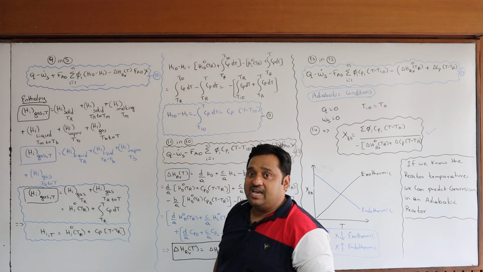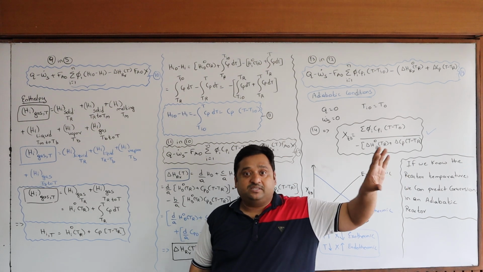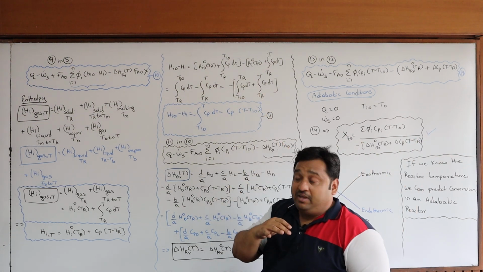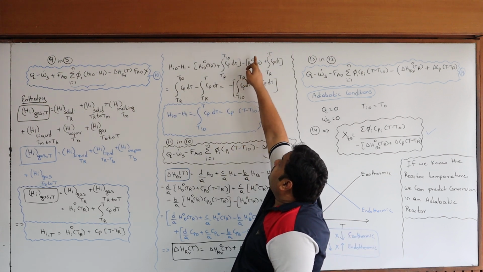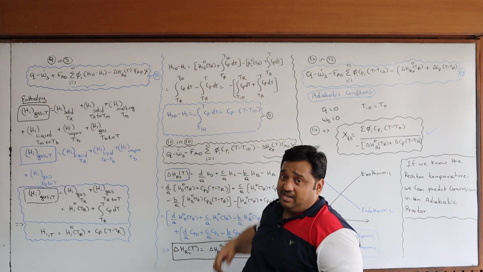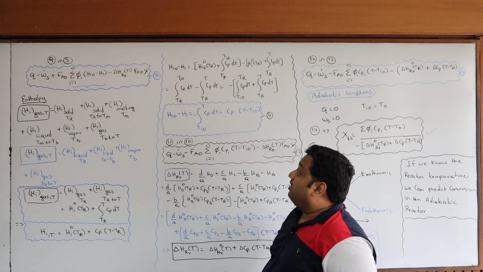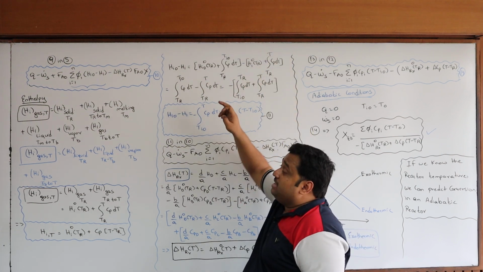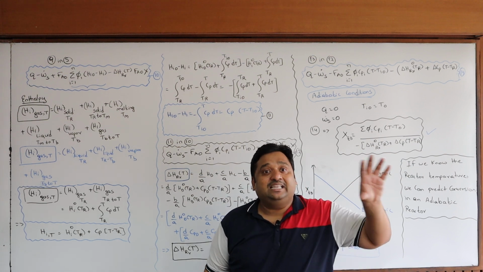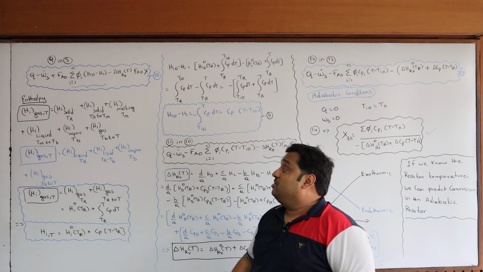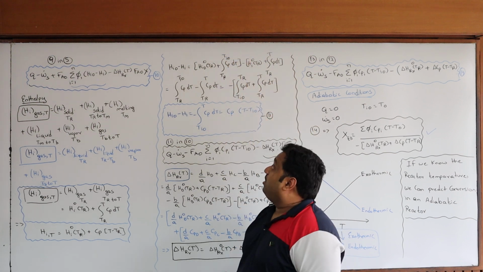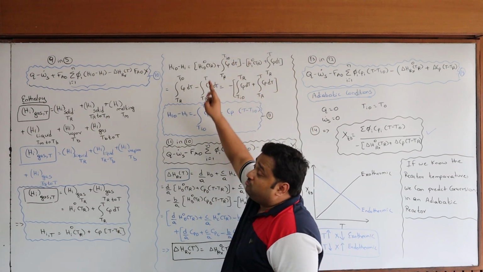Similarly, what is Hi? That means the exit enthalpies. The exit enthalpy is nothing but its standard enthalpy, Hi0 at TR, because everything is in terms of the reference temperature TR only, plus the integral from TR to T, because all the gases exit the reactor at temperature T. Now, these two standard terms cancel out.